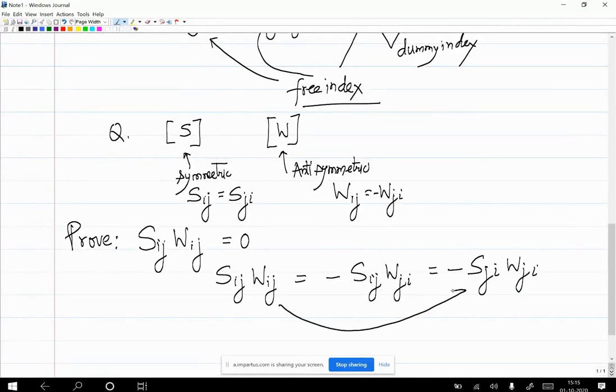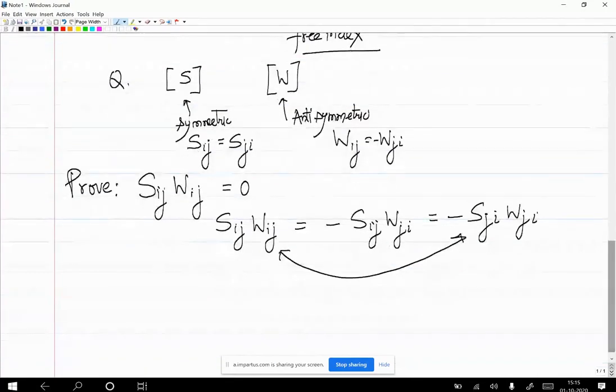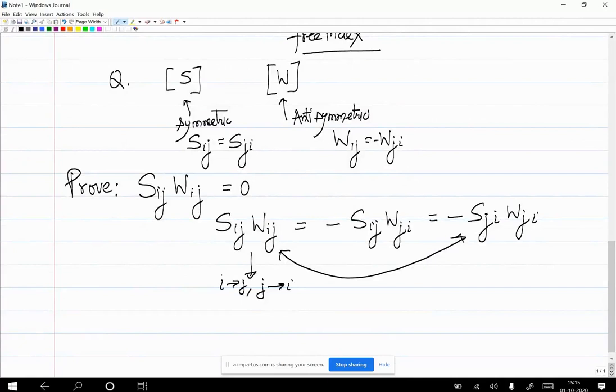Now compare first and last. What do you think? Are they same or are they different? Here i and j are both dummy indices. So if you change i to j and j to i, then it becomes S_ji W_ji.